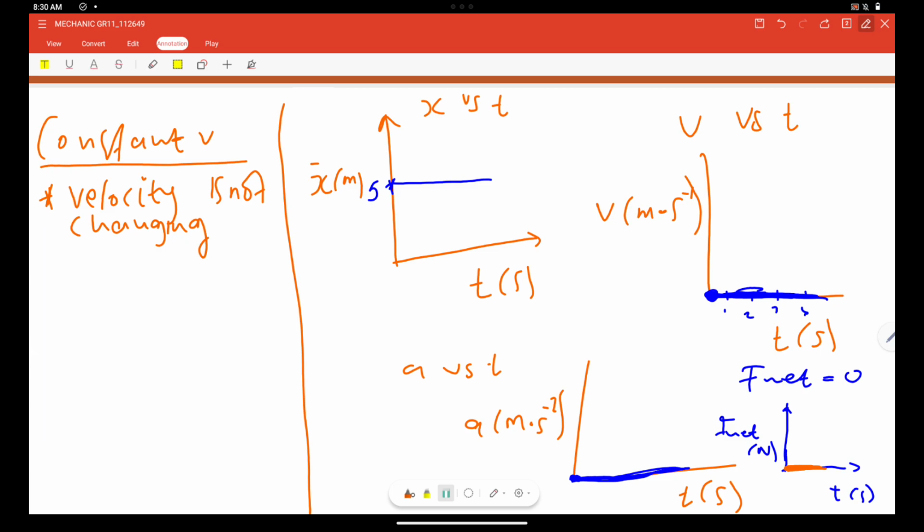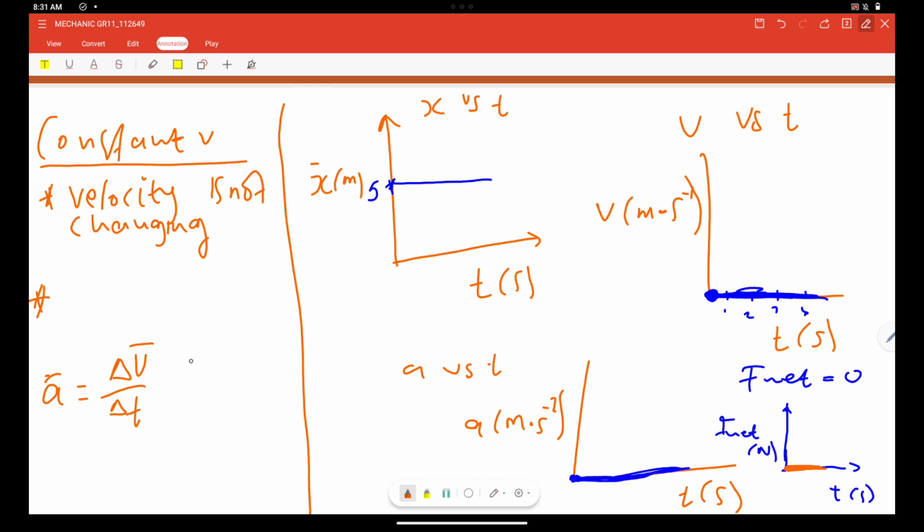And what can we say about the acceleration? The next note here will be about the acceleration. Remember, acceleration, as we have just said a couple of seconds ago, is the rate of change in velocity. But what we are saying is the velocity is not changing.